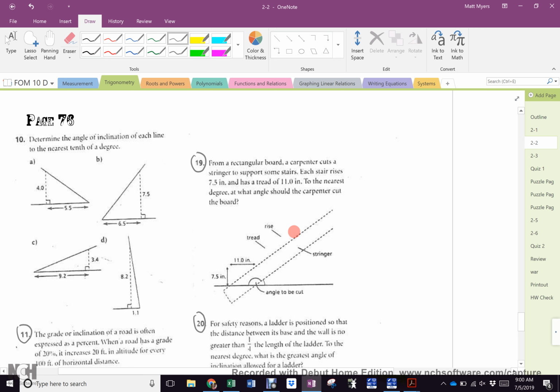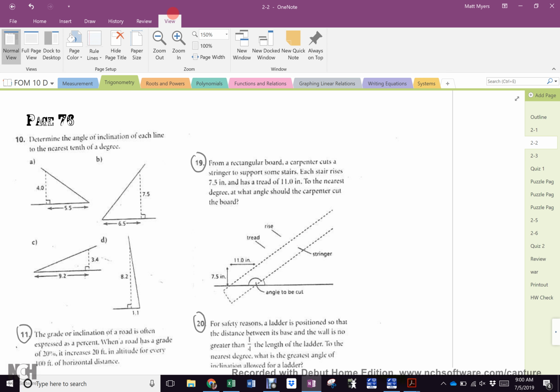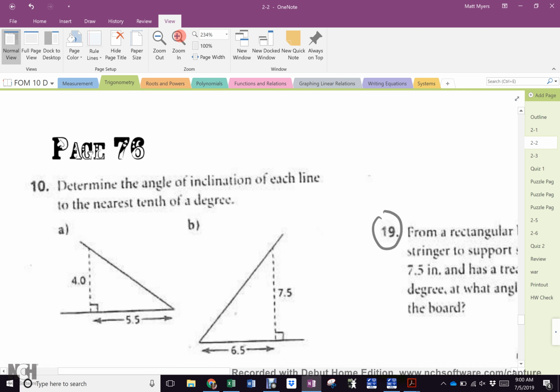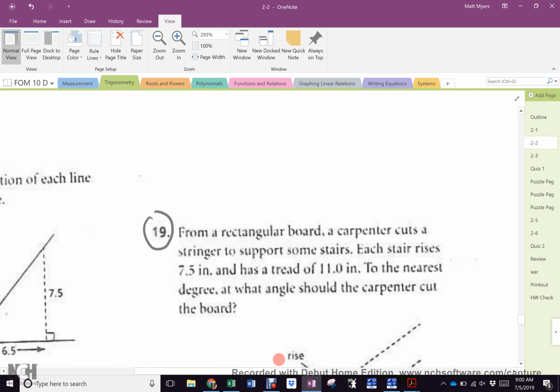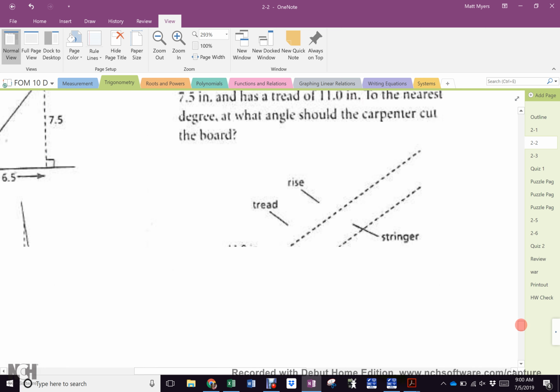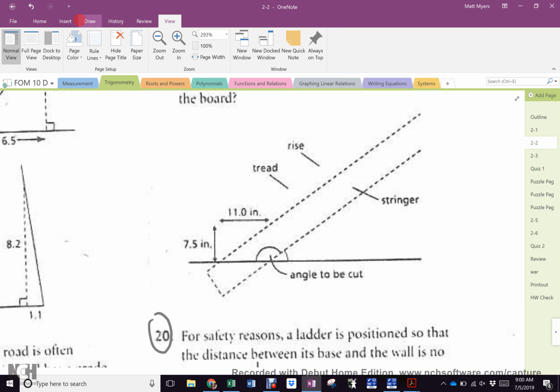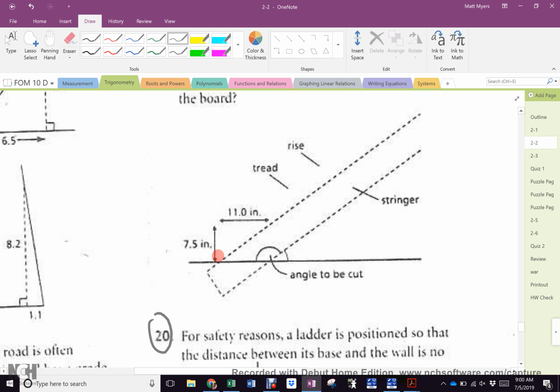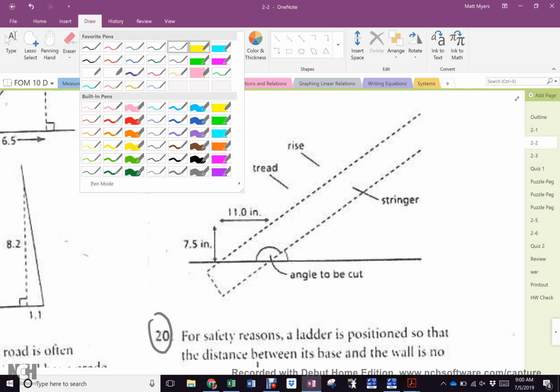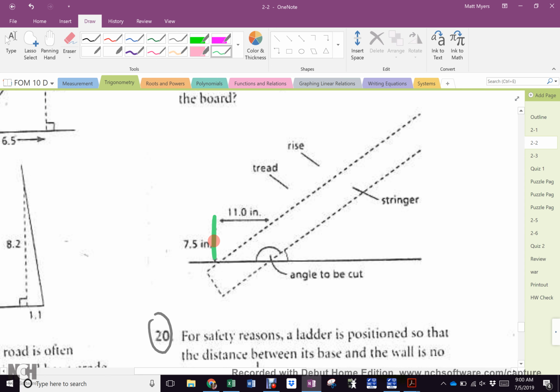I'm going to zoom in because it makes it easier if it's zoomed in. So, you know this triangle size, yes? 7.5 by 11, right? You can see that, yeah?